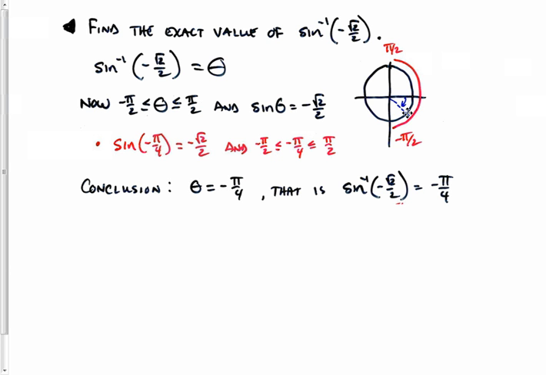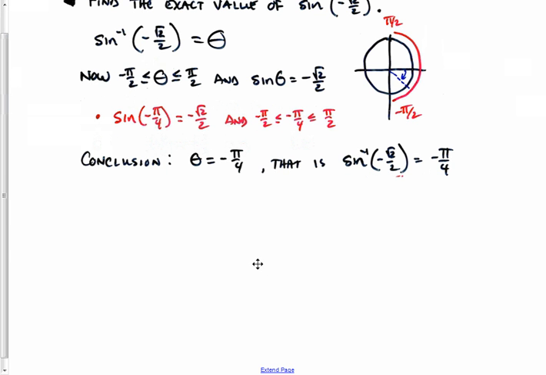Oh, the sine of -π/4 fits that. So if we come to here, the sine of -π/4 will be -√2/2, and -π/4 is between these two angles. So that tells us theta is -π/4. So the inverse sine of -√2/2 is the angle -π/4.